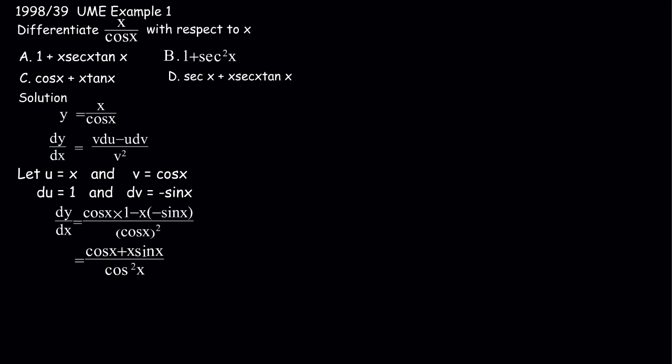It will now be equals to cos s divided by cos square s plus s sin s divided by cos square s. Cos s divided by cos square s will be equals to 1 divided by cos s, plus we are also going to divide s sin s divided by cos square s, which will give us s sin s divided by cos s times 1 divided by cos s.